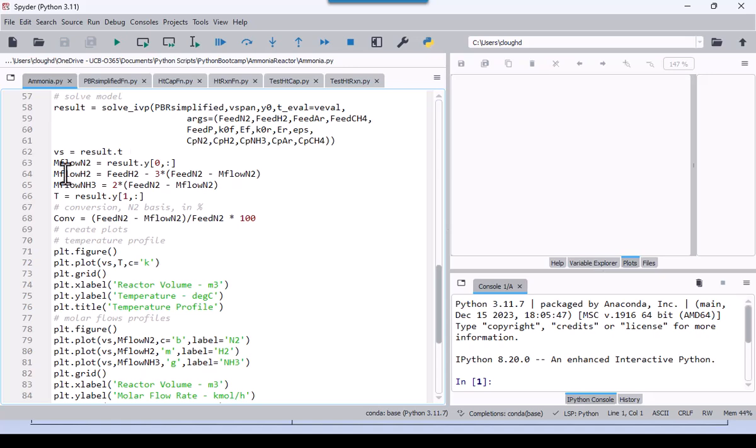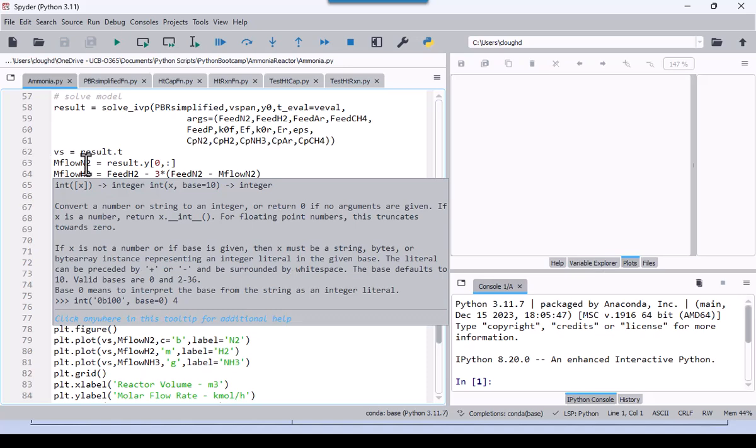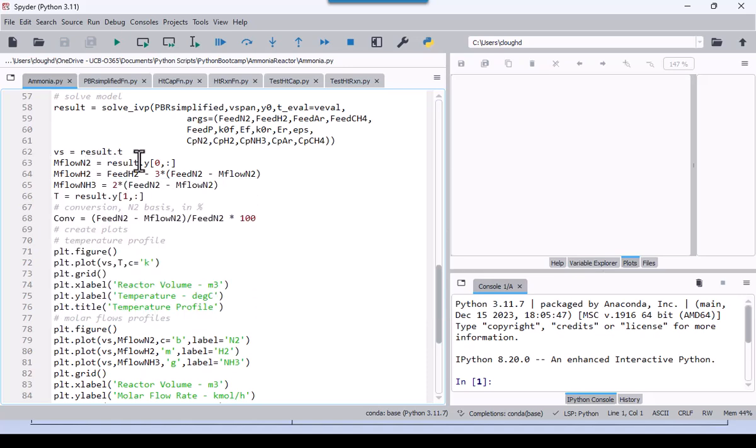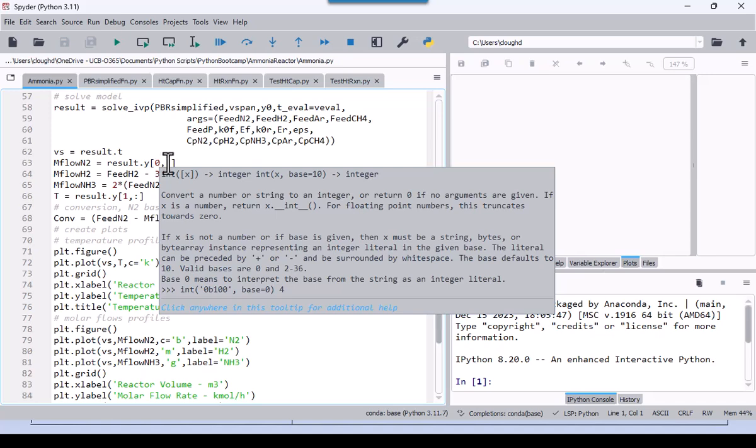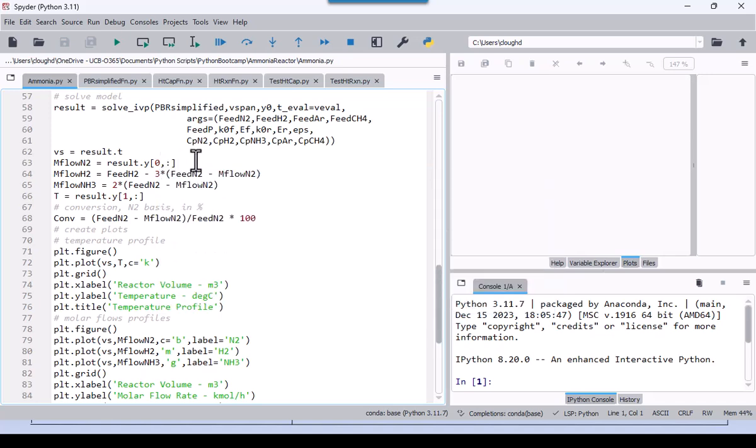And then we get our flow of nitrogen as the first dependent variable solution. That would be index 0 and all of its values.